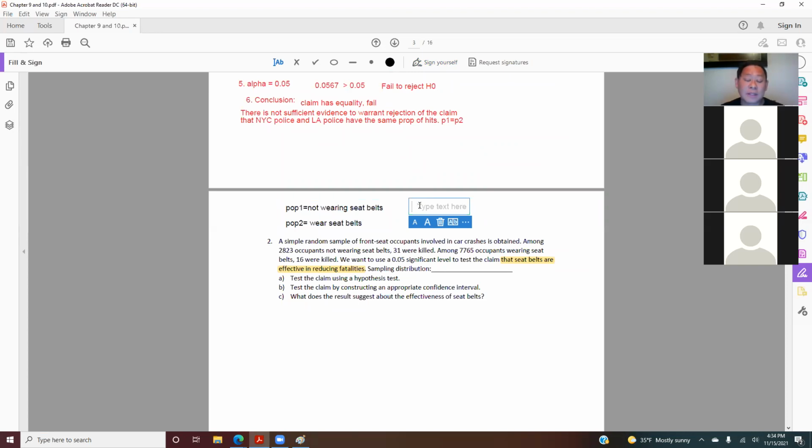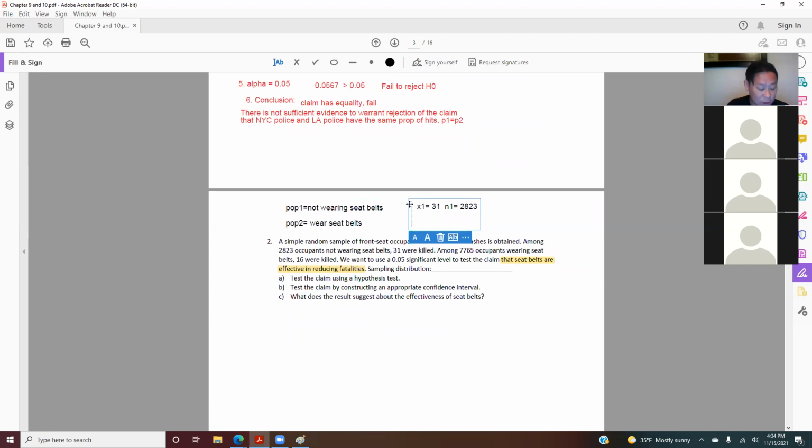Since you declared population 1 as those not wearing seatbelts, what are your x1 and n1? X1 is those who got killed, so how many got killed not wearing seatbelts? 31, out of how many people who did not wear seatbelts? 2,823.